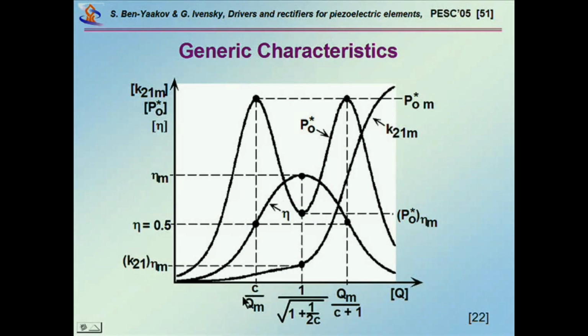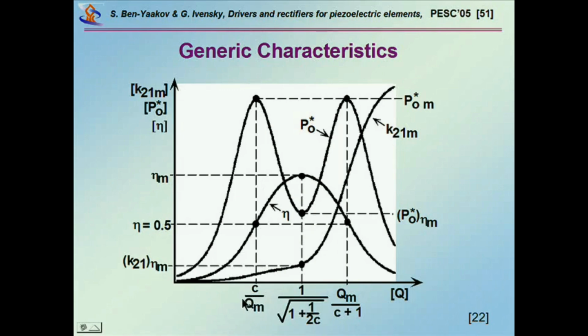With this normalized resistance, you get maximum power. As we know, you get maximum power when the load is equal to the internal resistance. When you have a generator which has an internal resistance, maximum power is obtained when the load is equal to this resistance. So this is basically the internal resistance of the piezo.